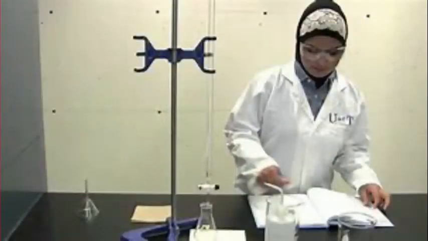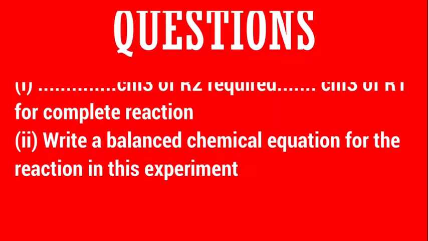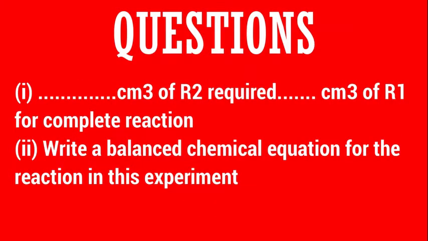After checking the data and the procedure for this experiment, let's look at the questions. Question number 1: What is the volume of R2, the acid, required to neutralize the volume of base for the reaction to be complete? Question 2: Write the balanced chemical equation for the reaction in this experiment.